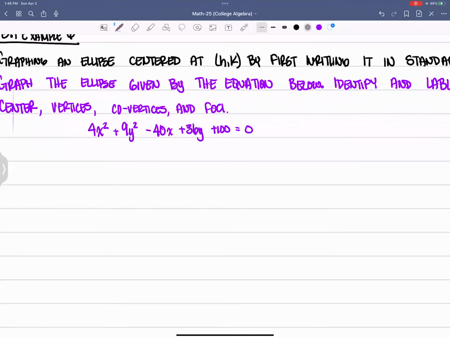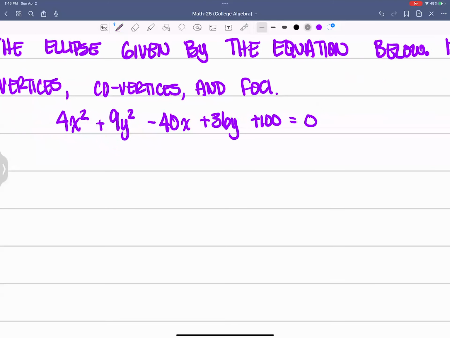Moving that 100 over, and in the same step, I'm going to group the x's together and the y's together: 4x squared minus 40x, leave a little space, plus 9y squared plus 36y, equals negative 100.